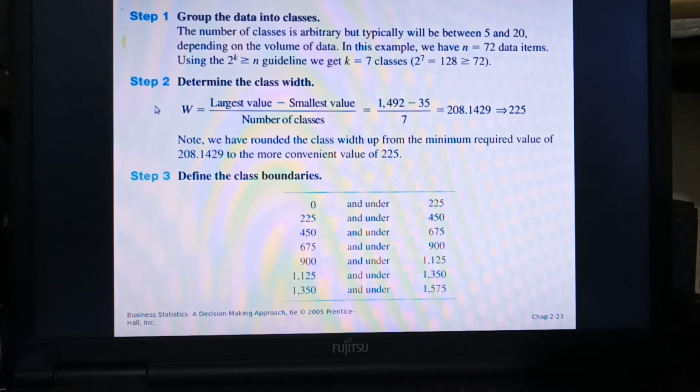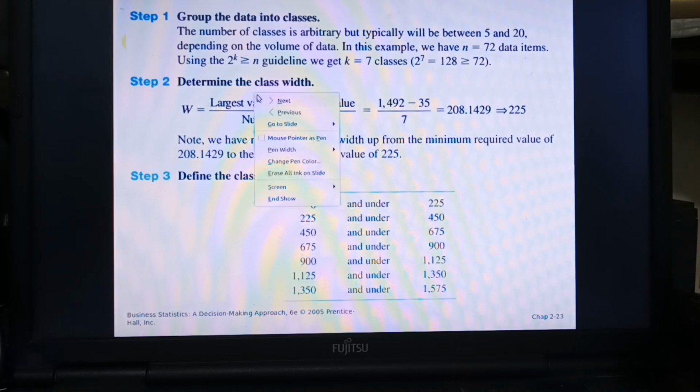In step 2, determine the class width, where width w equals the largest value minus the smallest value divided by the number of classes. So in that case, the highest value was 1492 minus the lowest value, which is 35 seconds.